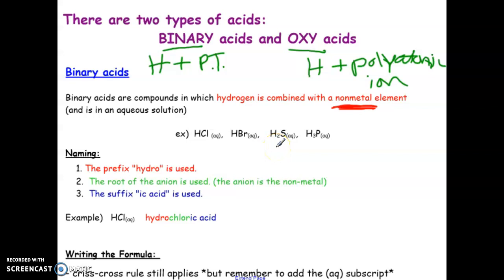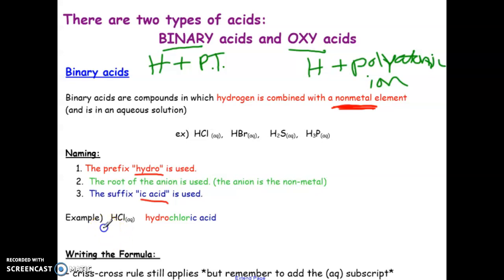So what ends up happening, if you notice, we have hydrogen and the little AQs. So when you're naming this, you have to have the prefix hydro. Okay, so hydro, and the ending is always ic acid. The middle part, and I have them kind of color-coded here, the middle part will be the root name of whatever that non-metal element is.